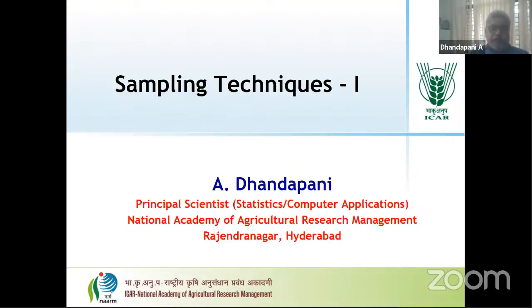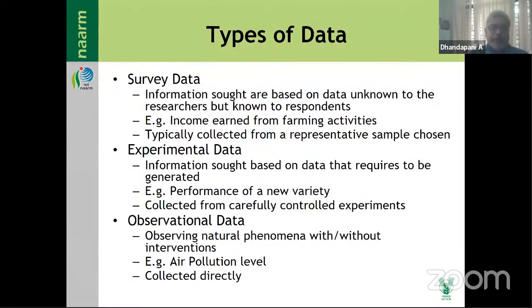See, in any social sciences research, we need to collect data to answer the research problem you have set. Where these sampling techniques fit in depends on what kind of data you are supposed to collect. There are three different types of data.